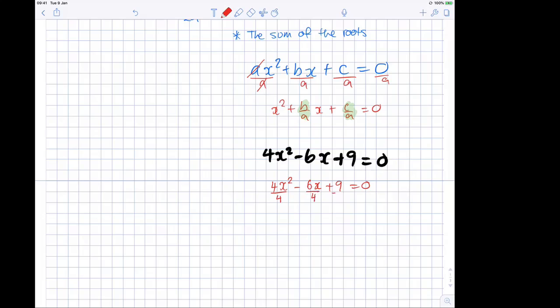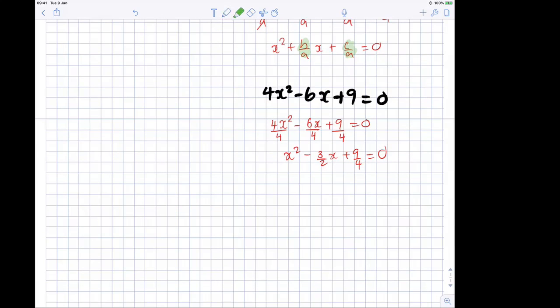Divide by 4, divide by 4, divide by 4. So this becomes x squared minus 3 over 2 x plus 9 over 4 equals 0. So in this case, this is the sum and this is the product. So sum equals minus 3 over 2, product equals 9 over 4.